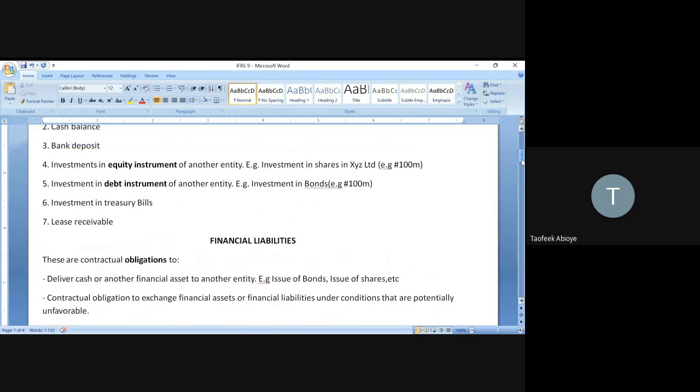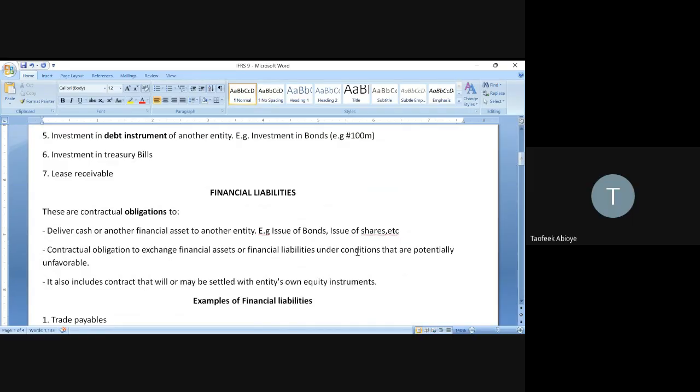When we are talking about an asset, what are we saying? Investment in shares, investment in bond. But when we are talking about liability, what are we saying? Issue of shares, issue of bond.